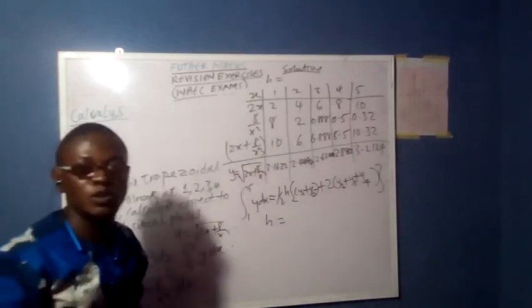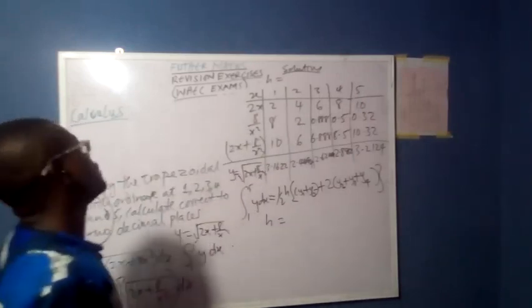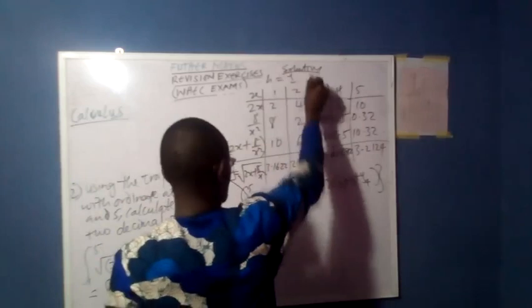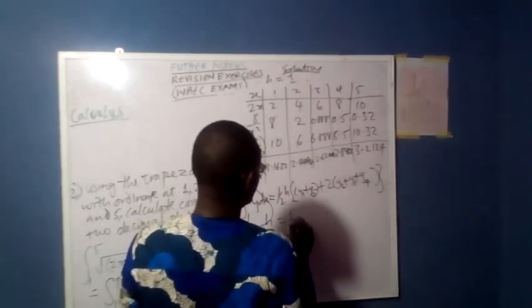That's the height of the trapezium when you plot the graph. So h is 1.